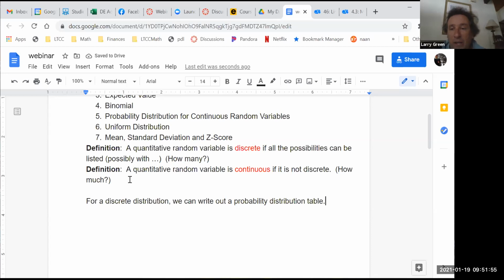Okay, so we can write out a probability distribution table based on the outcomes and the probabilities. Any questions on that idea before I give you some examples?